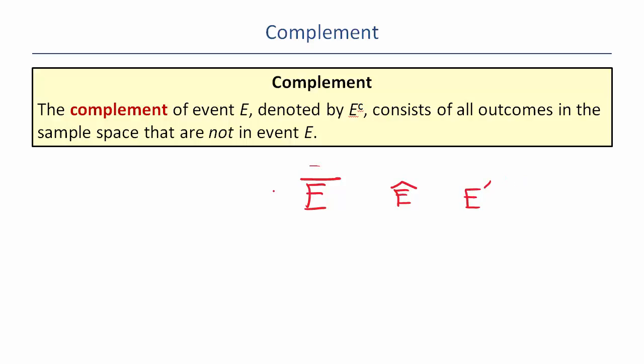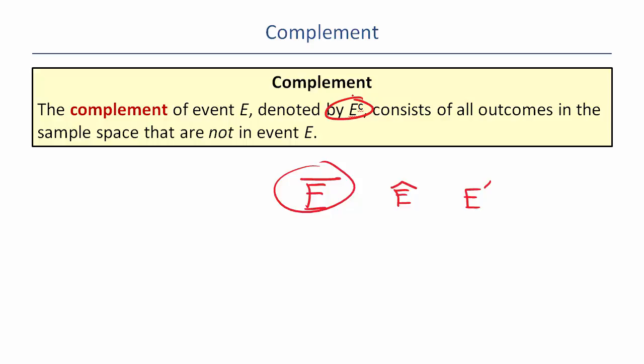But this seems to be the most popular, most common in textbooks. You don't see this one a lot, but our particular book does do that. But just know that there are many different ways, unfortunately, that they can denote complement. Whichever symbols they use, just know that the complement means everything in your sample space that is not in E.